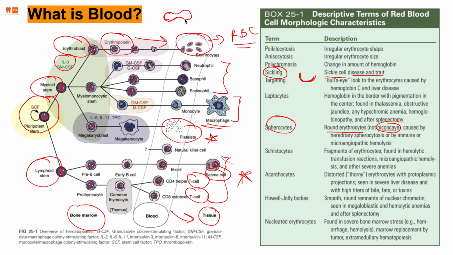It's an actual 3D model, of course, but it's what it looks like, biconcave. However, a spherocyte is a round erythrocyte, more so like a right round ball. It is caused by hereditary spherocytosis, by immune or microangiopathic hemolysis, so breakdown. Essentially, these terminologies are all associated with diseases, the majority of them being hemolytic, meaning breakdown of the RBCs in a different way, and they are traits, which means they are genetic, hereditary, absolutely.